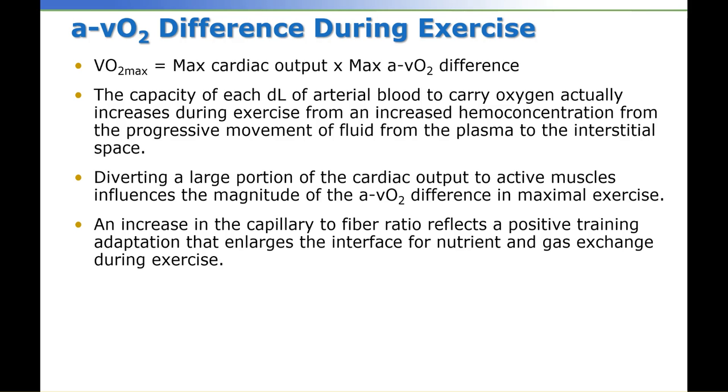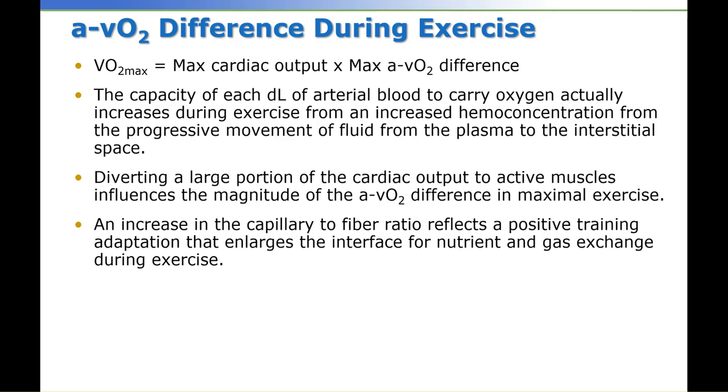The capacity for each deciliter of arterial blood to carry oxygen actually increases during exercise from an increased hemoglobin concentration, from the progressive movement of fluid from the plasma to the interstitial space. Diverting a large portion of the cardiac output to active muscles influences the magnitude of the AV-O2 difference in max exercise.